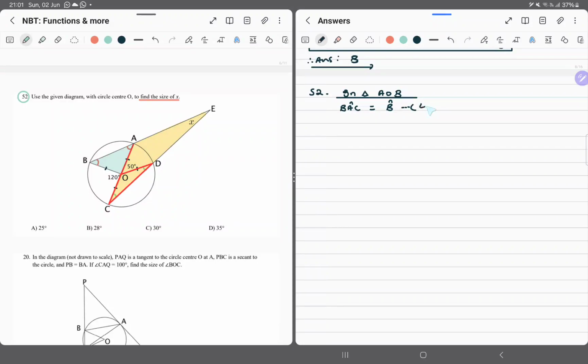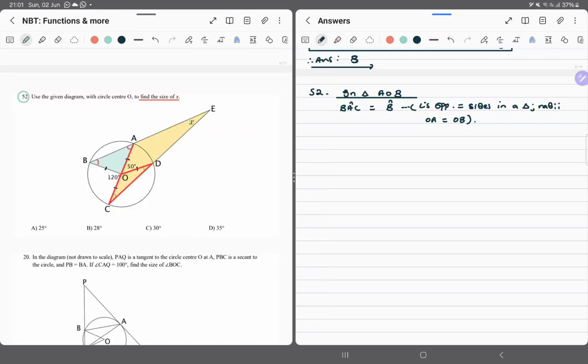So why? These are angles opposite equal sides in a triangle with radii OA equal to OB. Okay, so that's easy.